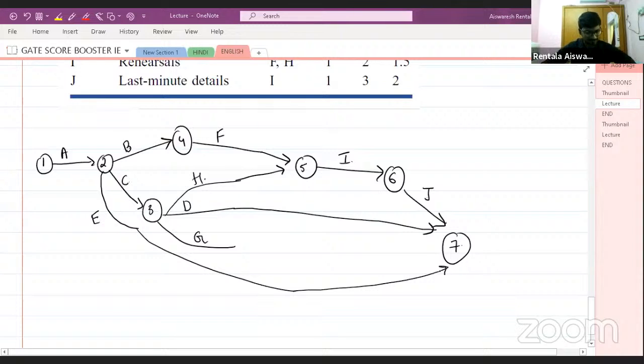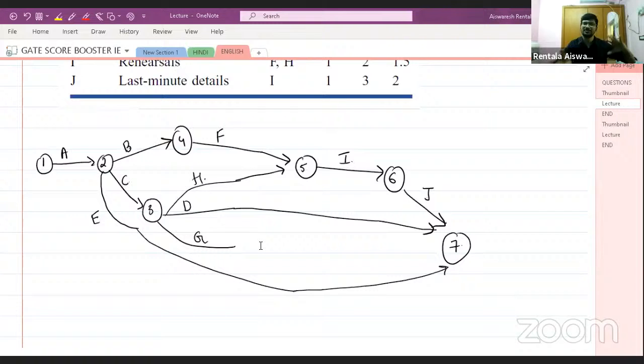So strictly speaking, it is no. You cannot join. Recall the rules of network construction: two or more activities cannot have the same start and the same end.